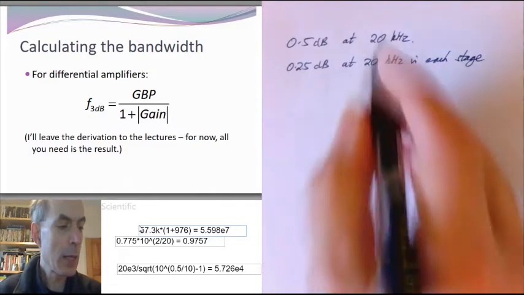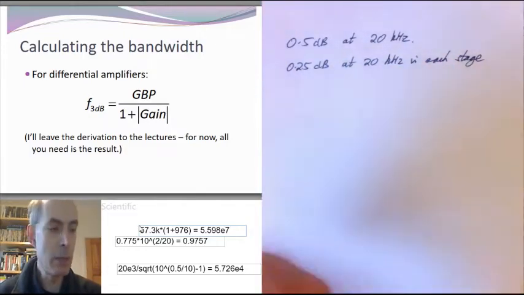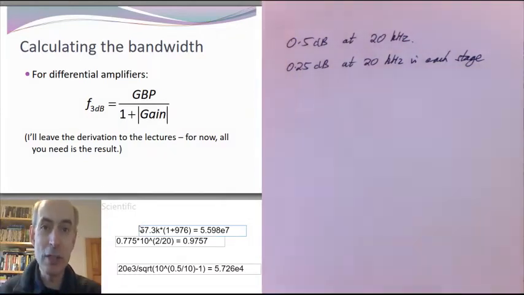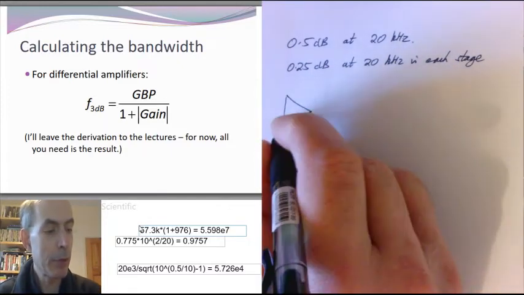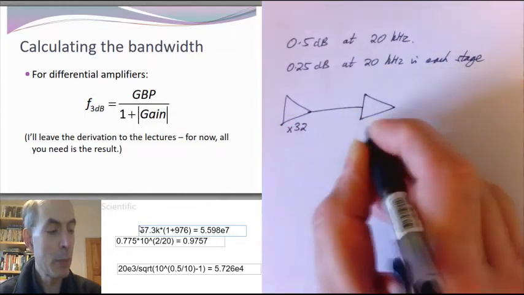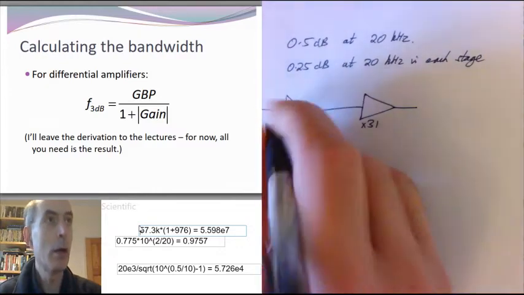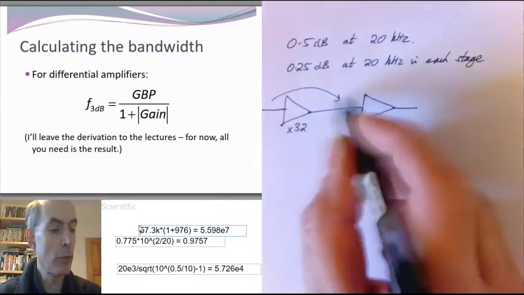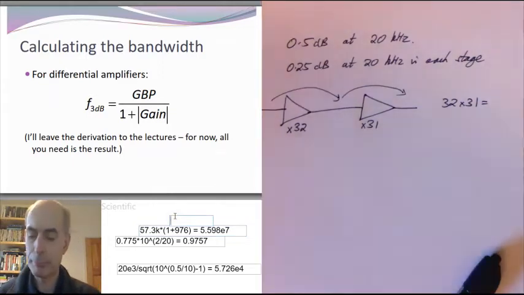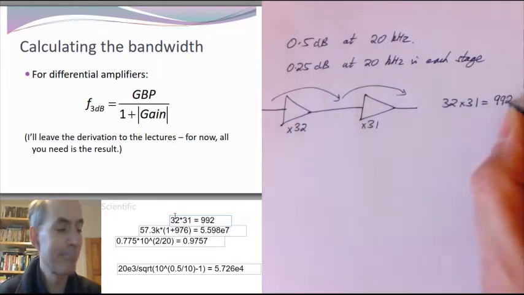Can we design an amplifier which is 0.25 dB down after just one stage of a two-stage amplifier and still give us this gain of 976 that we need overall? Again, answer yes. If we have an amplifier here with a gain of, say, 32 and an amplifier here with a gain of, say, 31, then overall the gain of these two stages would be 32 times 31, which is 992, near enough.